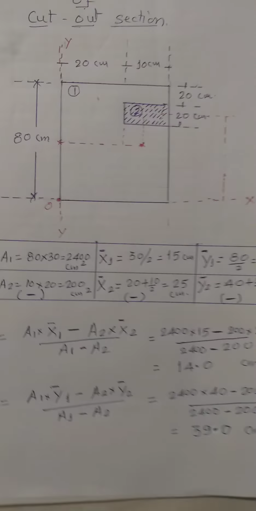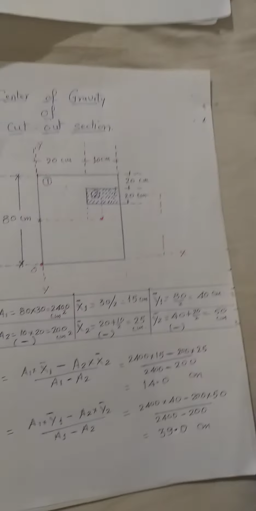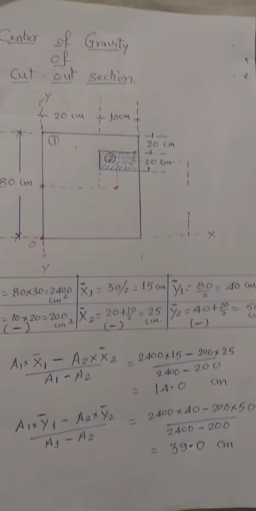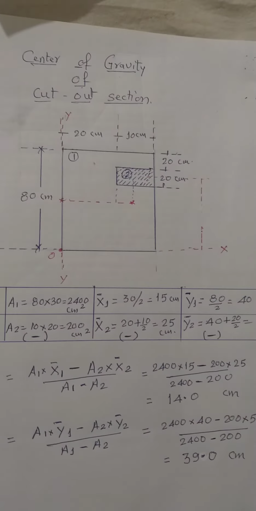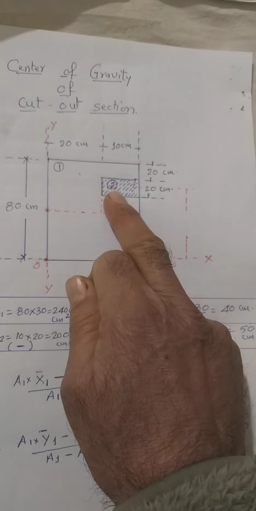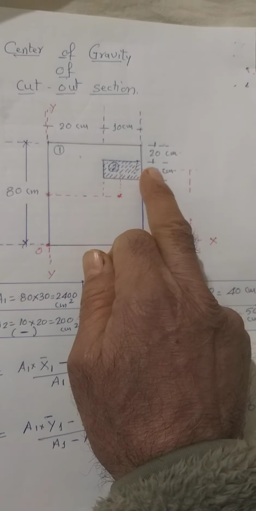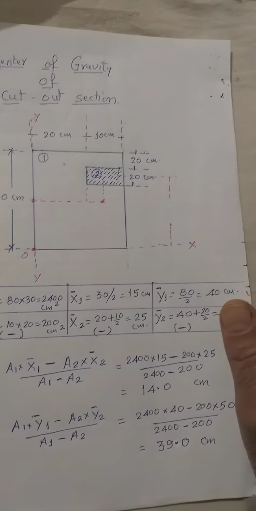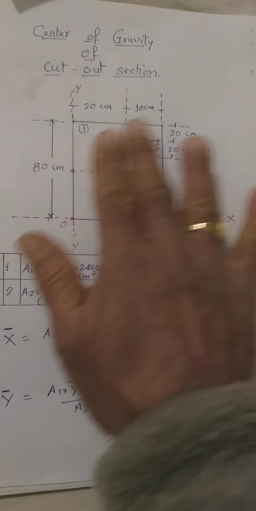Just for reference we are giving the minus sign. It is the indication that the total area is to be subtracted, the total x bar is to be subtracted, the total y bar is to be subtracted from the whole figure.